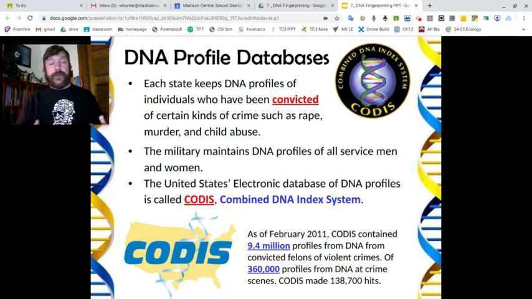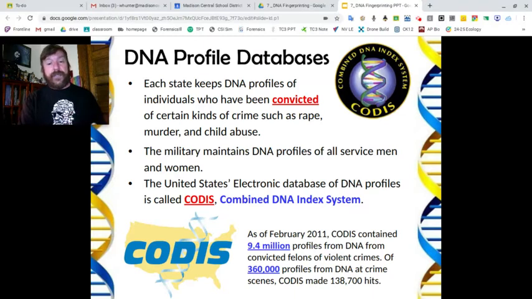There are millions of profiles of DNA from felons of violent crimes, and sometimes CODIS can actually connect a person from one crime scene to a whole string of other ones. And in fact, people in prison have actually been connected to previous crimes by matches based on what's in CODIS. So it's a very powerful thing.